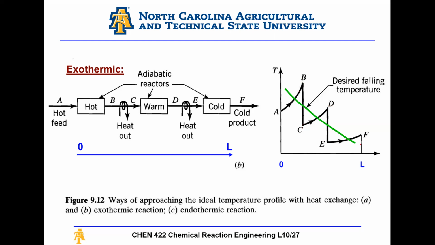And intuitively, if I have more interstage cooling, the closer I get to this line. If I design my reactors so the points are straddling or hugging this line closely, the closer I get to ideal operating performance.